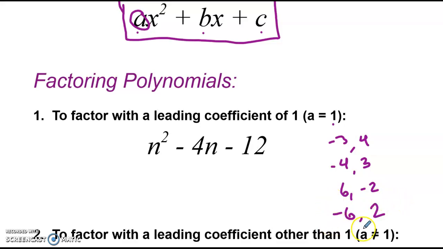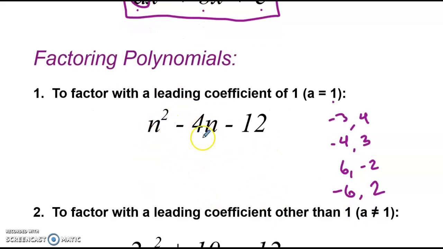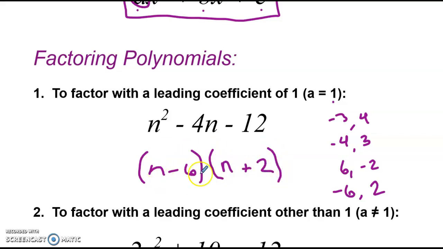Now, it looks to me like this fourth one I listed here, negative 6 and 2, is going to work because negative 6 times 2 is negative 12. That gives us c. Negative 6 plus 2 is negative 4. That gives us b. So this polynomial in factored form is n minus 6 times n plus 2. And you could go ahead and multiply those binomials if you wanted just to test it, and it would give you the exact same trinomial that we see here at the top.